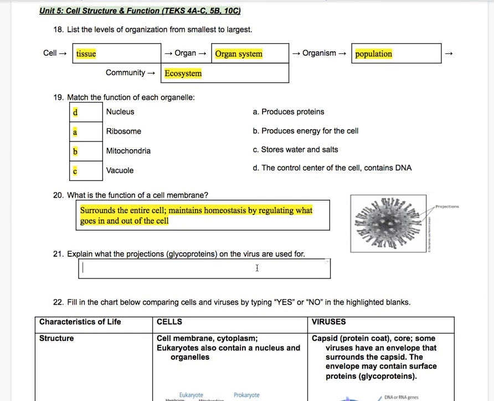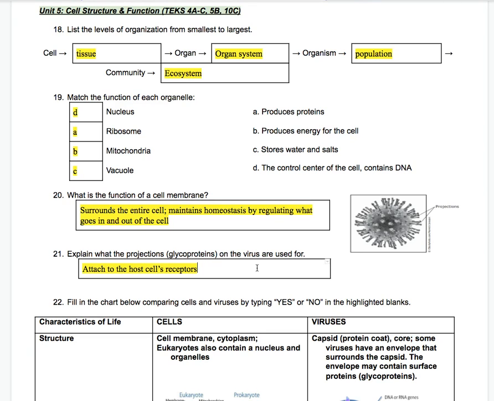So the projections are going to attach to the host cell receptors. So host cells, like our cells in our body, or bacteria cells, basically any living cell, they're going to have some cell receptors embedded in their cell membrane. And the virus is going to use the glycoproteins to attach to those receptors.